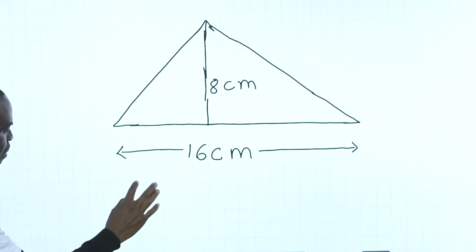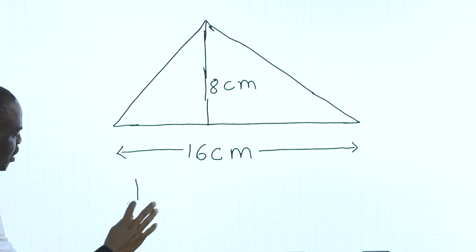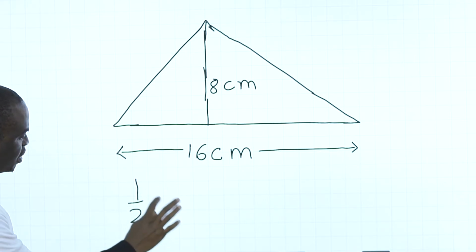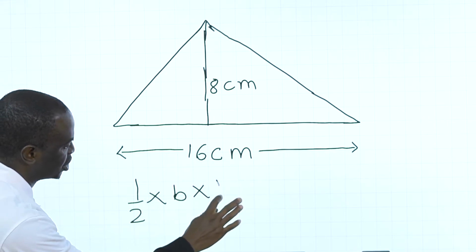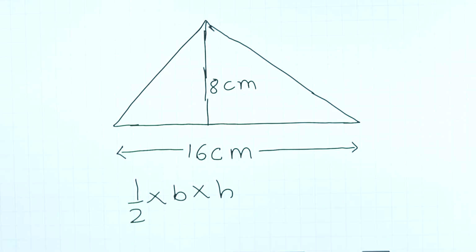So we're going to say area of a triangle is usually half times B times H. So when we calculate, we substitute the letters with the numbers that have been given to us. So here we go. We are now at the stage where we are calculating our answer. We are trying to find the area of this triangle.